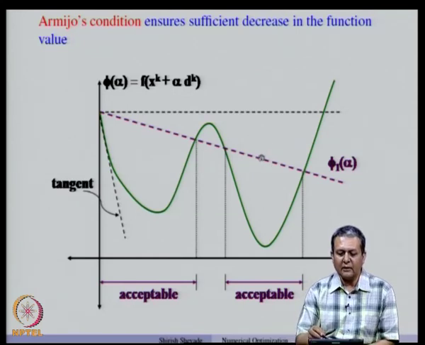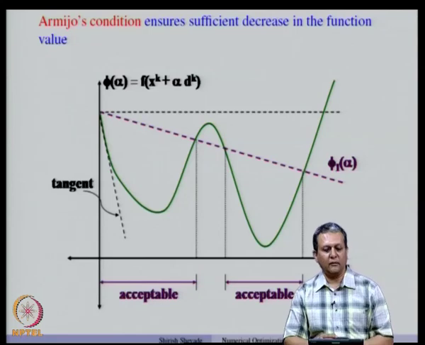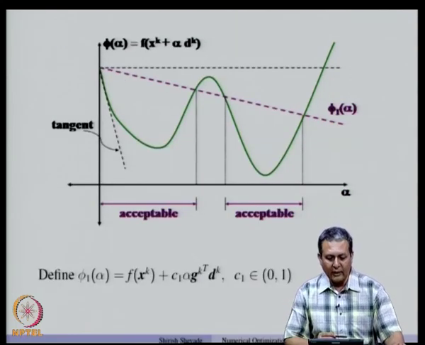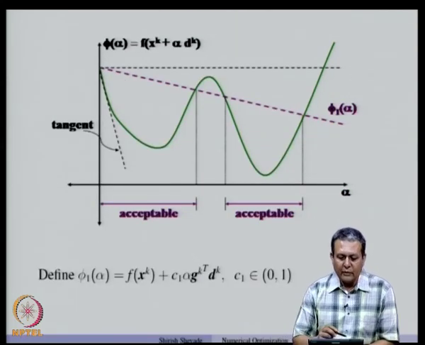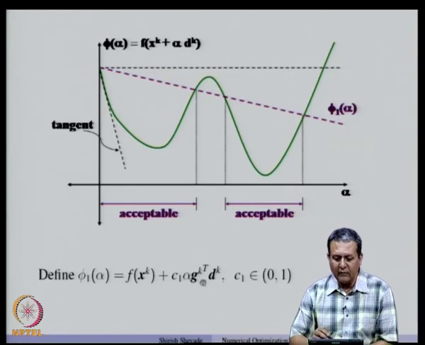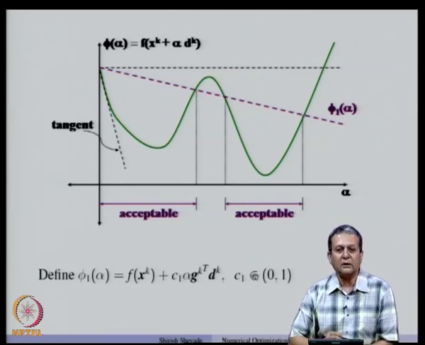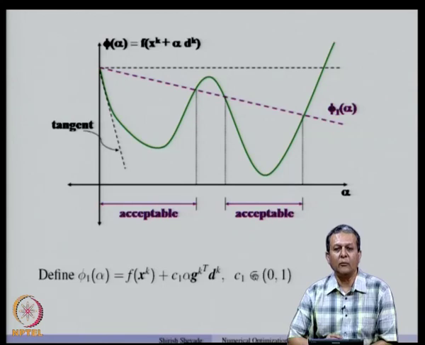Now, you will see that this condition will ensure that there is a sufficient decrease in the function value. Now, more formally, suppose we define phi 1 alpha to be f of x k plus C 1 alpha g k transpose d k. So, this is an affine function of alpha, where C 1 is a constant which is a positive fraction.